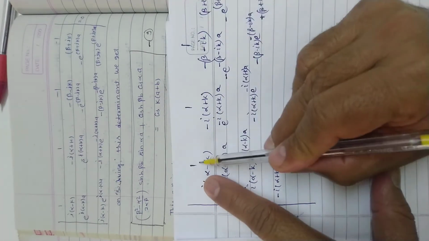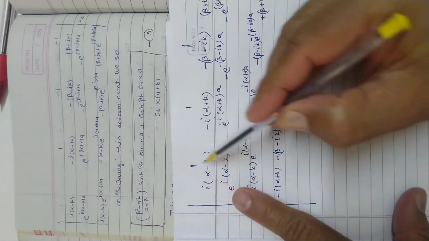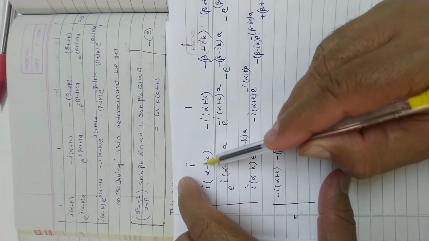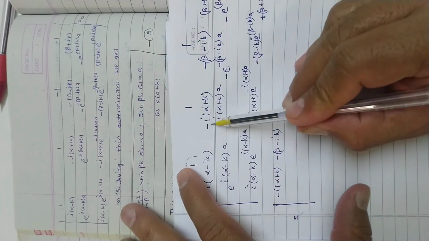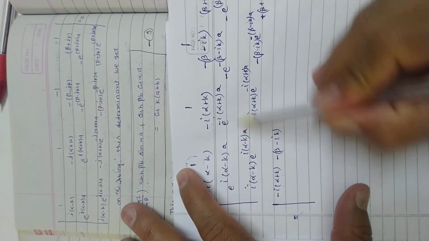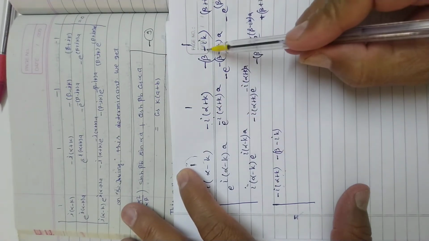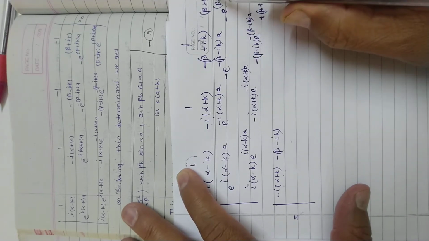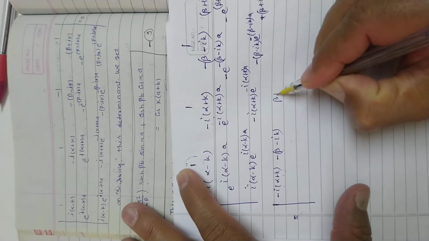This is a determinant of 4 columns and 4 rows. If I take the cofactor of this one, then it will be minus iota alpha plus k, beta minus iota k, then beta plus iota k.